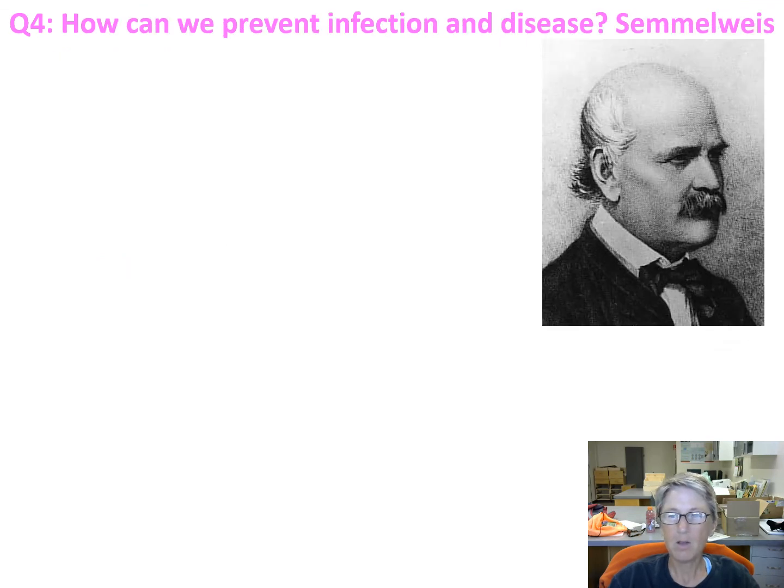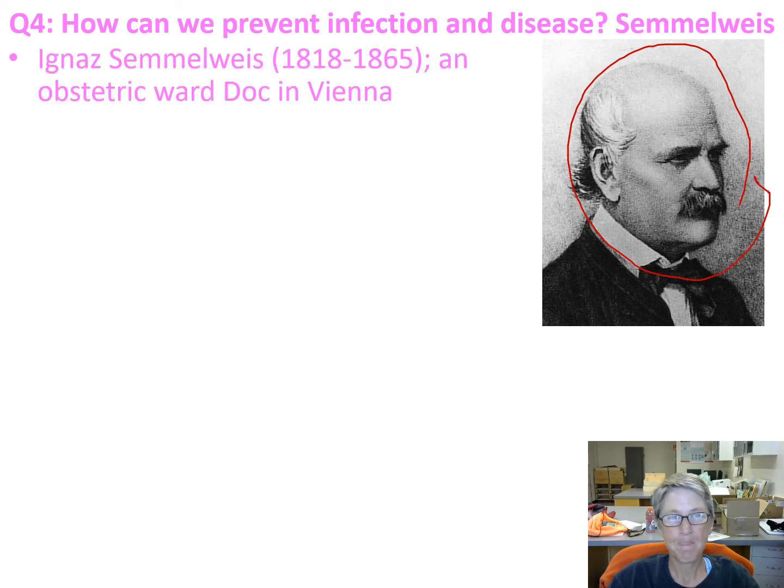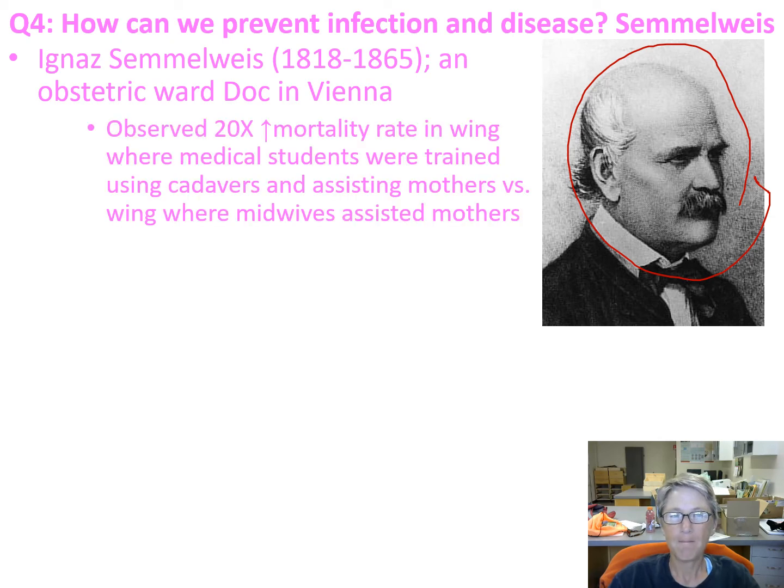There he is, my hero, Ignaz Semmelweis. He lived between 1818 and 1865. He was an obstetric ward doctor in Vienna. So what he did, he observed his wing where medical students would train on cadavers.